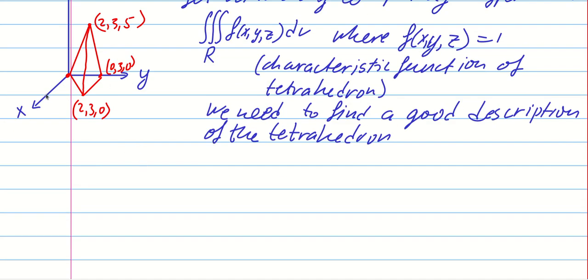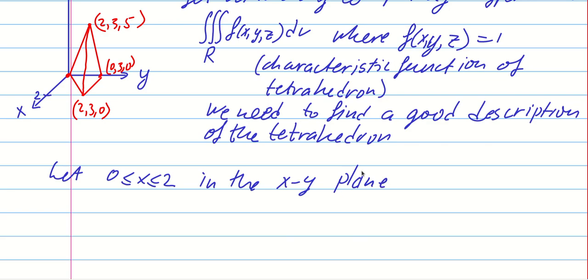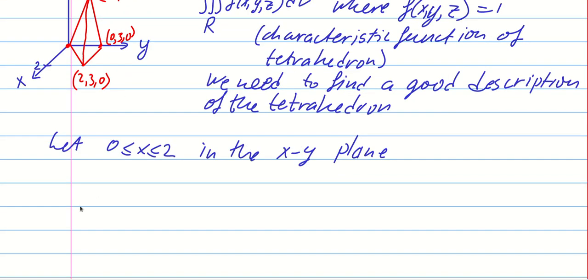We see that x goes up to 2 because that's the farthest x goes. So let x be between 0 and 2. Then in the xy plane, on the bottom, we get a picture like this.